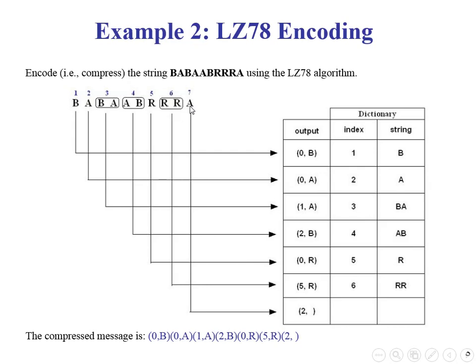The last character or last pattern in the stream of characters is A. A is already in the dictionary and encoded before by the index 2. Therefore, it will be encoded by 2 and nothing, because it is the last character in the stream. So this stream will be encoded by 0B, 0A, 1A, 2B, 0R, 5R, and 2 and nothing.